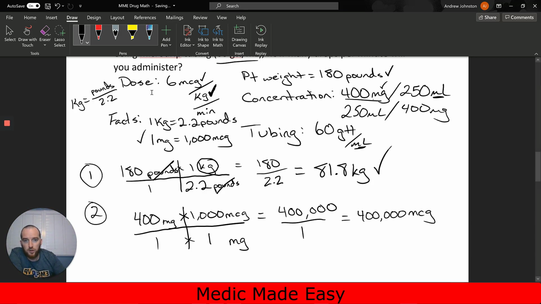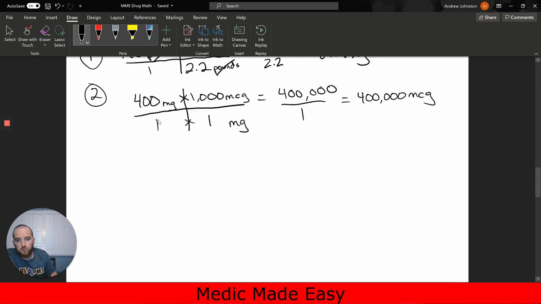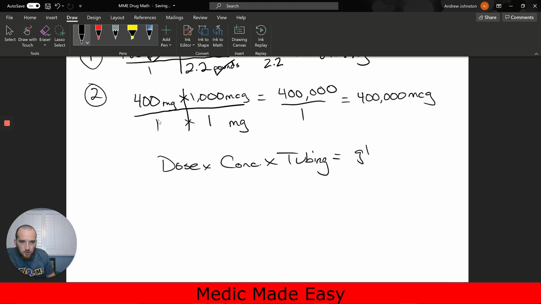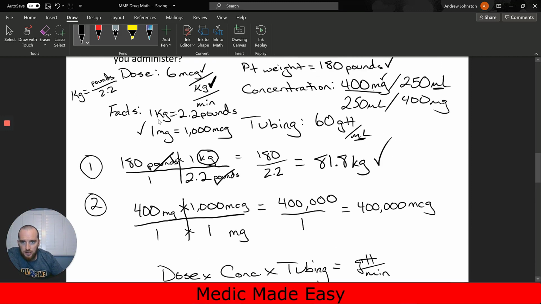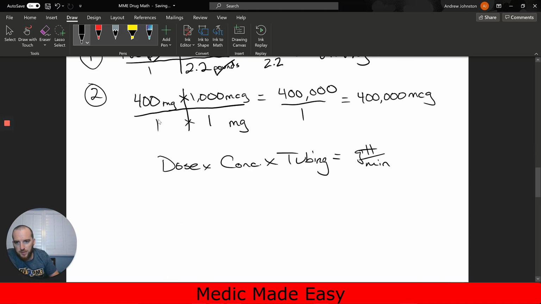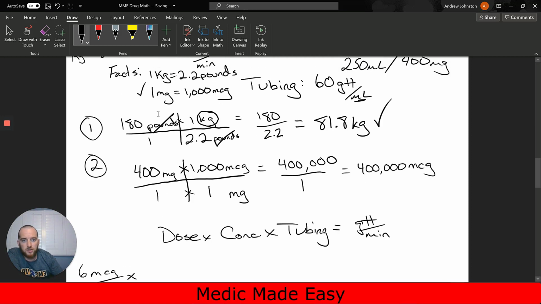We're going to do that same dose times concentration times tubing. Dose times concentration times tubing, and that will equal our drops per minute. Okay, so let's start with that dose. We have 6 micrograms per kilogram per minute. The first thing we need to do is multiply by that patient's weight, 81.8 kilos.